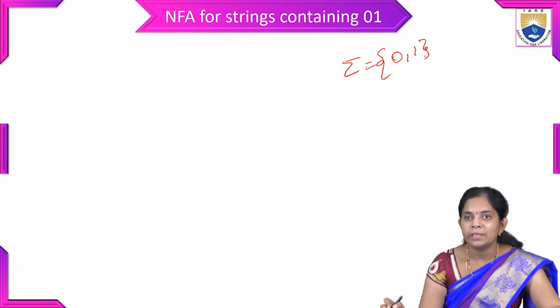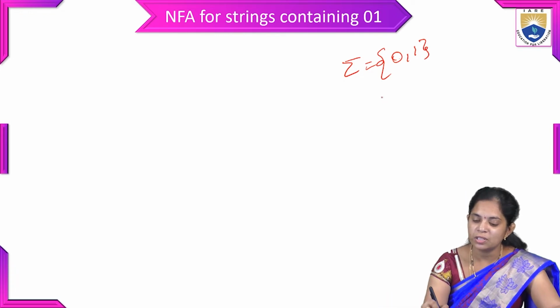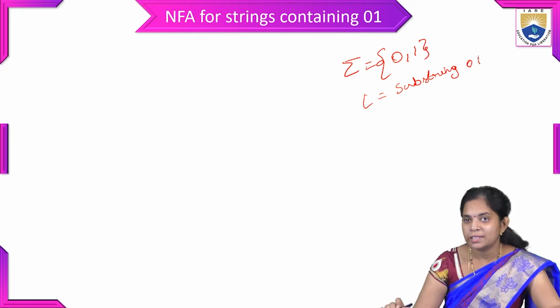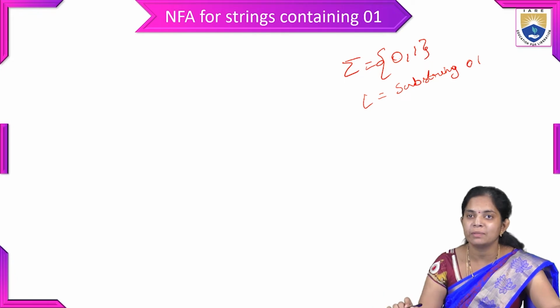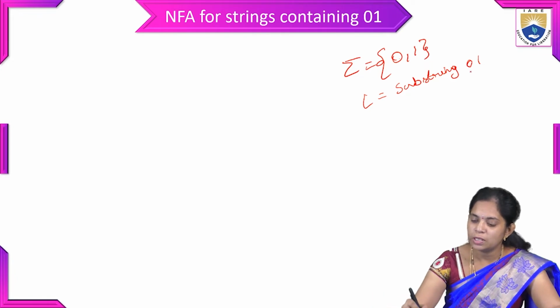With this alphabet, we form the strings. What is the condition? The language should have the substring 0, 1. So either it starts with 0, 1 or ends with 0, 1. We'll just elaborate this language.